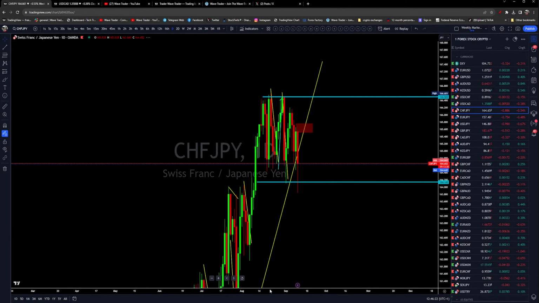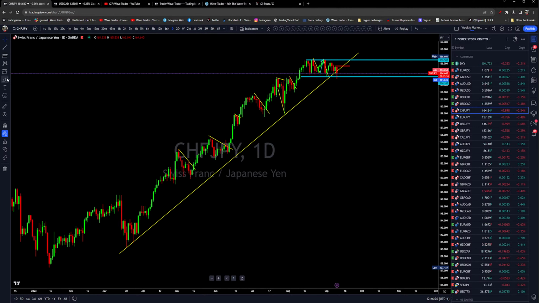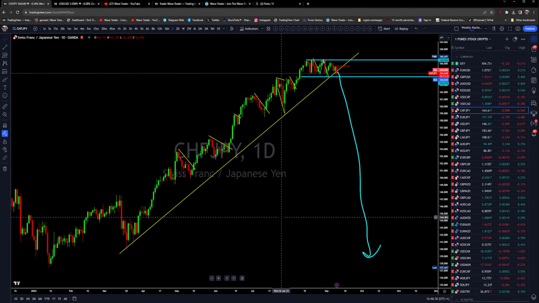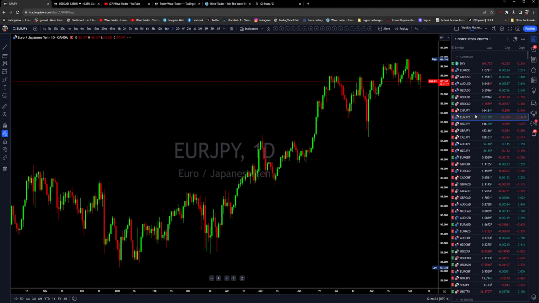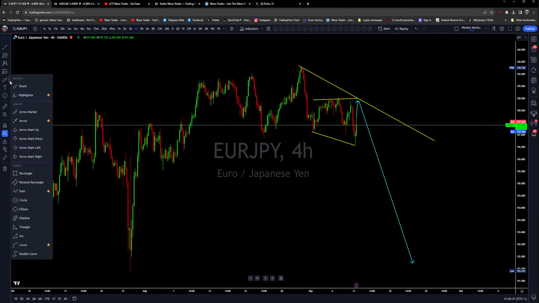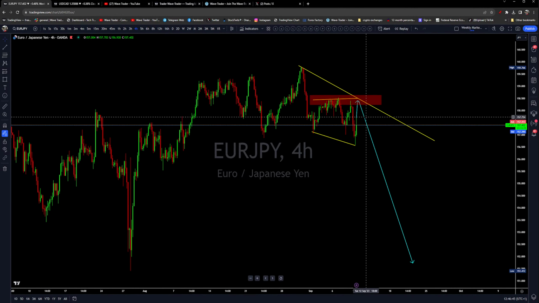Longer term, yes, we are expecting it to fall. It's trying to find that top. Basically, the sell-off is going to come once we have action from the Bank of Japan or a significant slowdown, which is already happening. The euro yen is simple. We got the drop from the top, and this is where you're paying attention to the gap.